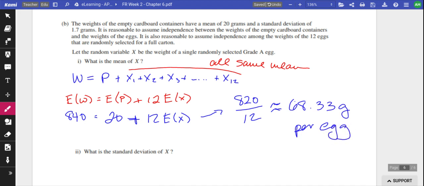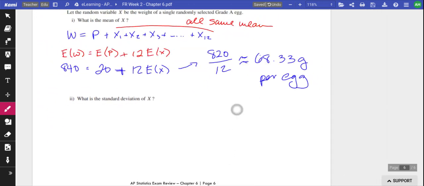Now for standard deviation, a little different. Remember, whenever you're messing with standard deviation, you have to mess with variance, which means that everything we're going to do, we're going to have to square. Long story short, the math is very similar to what we did up here, but instead of doing it with means or expected values, it's going to be the same with the variance. So your variance of your weight is going to be the same as your variance of the package plus 12 of your variance of your eggs.